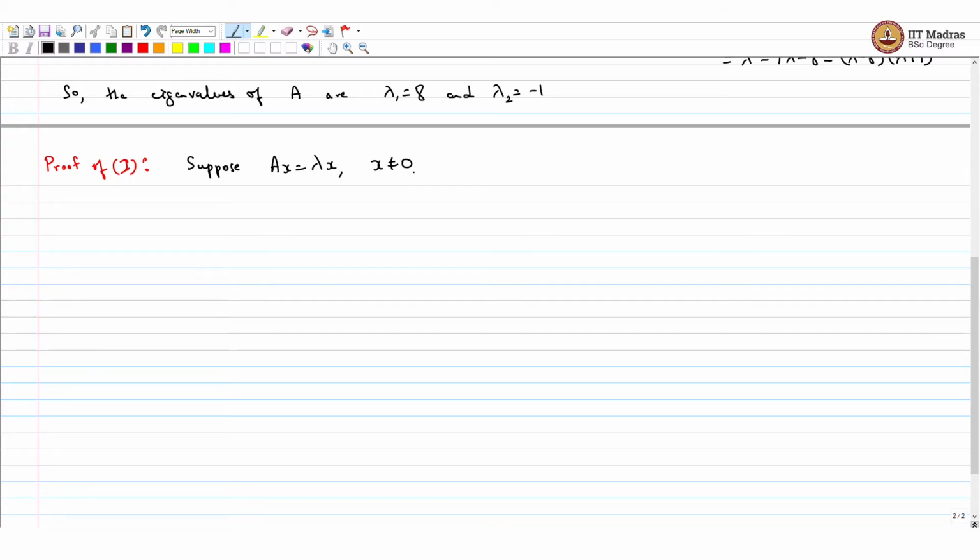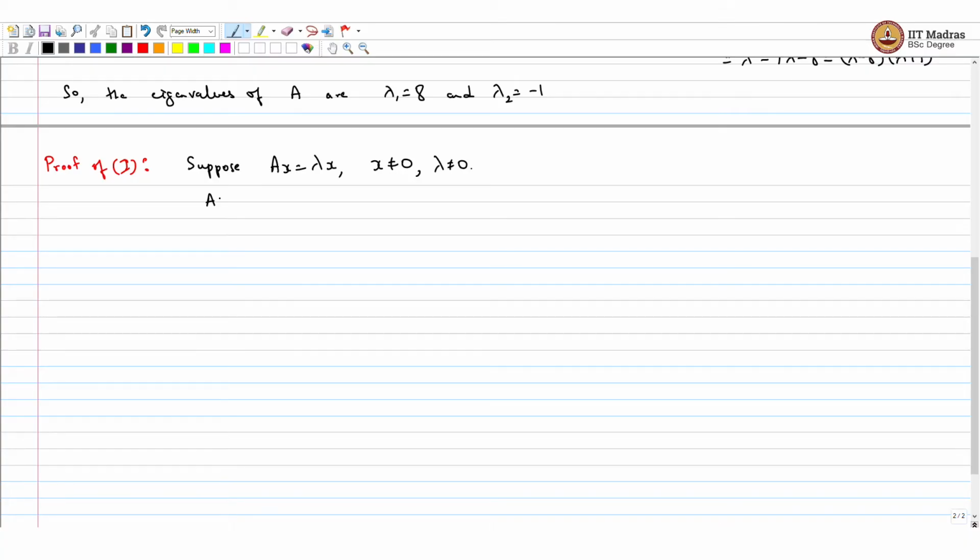Just to emphasize, x, which is the eigenvector, has to be non-trivial. We're looking at a non-zero eigenvector. Now, to prove that lambda can only be real, it's enough to show that if I take the conjugate of lambda, I recover lambda. So lambda equals lambda bar.